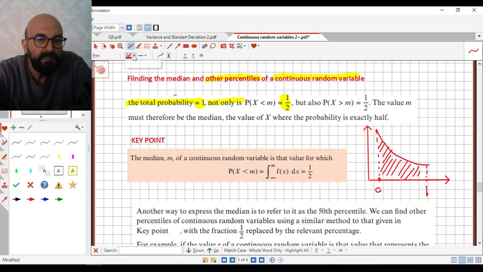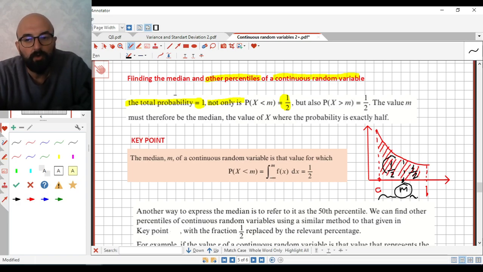If you want the median, or 50th percentile, this value m should split it into 1 over 2 and 1 over 2, and the median value is here, and the probability of this area is 1 over 2. So the probability of the other part should be 1 over 2. So we say that this value is the median.